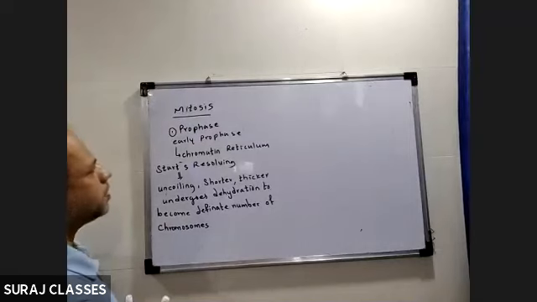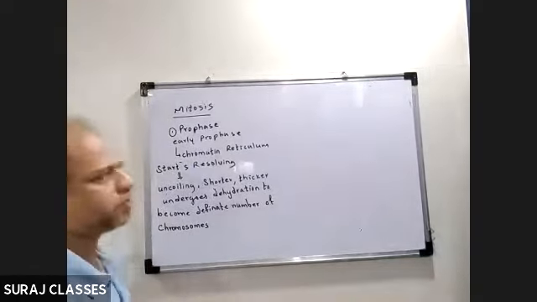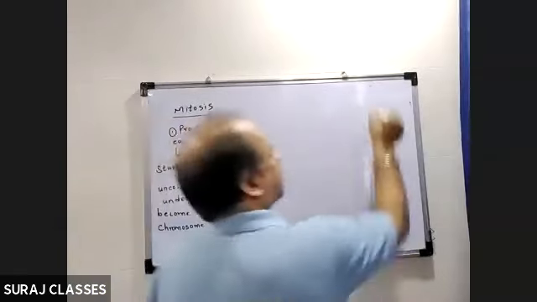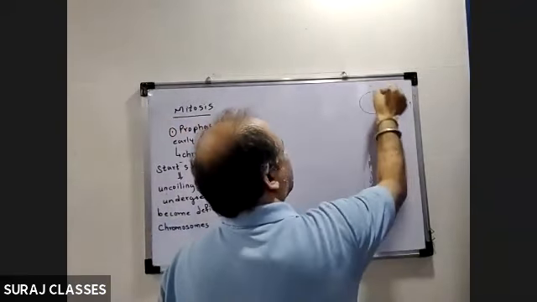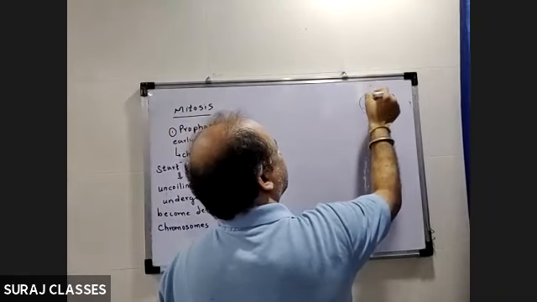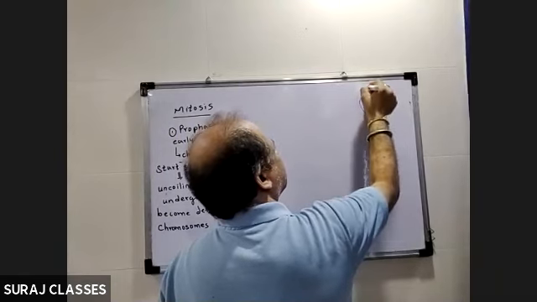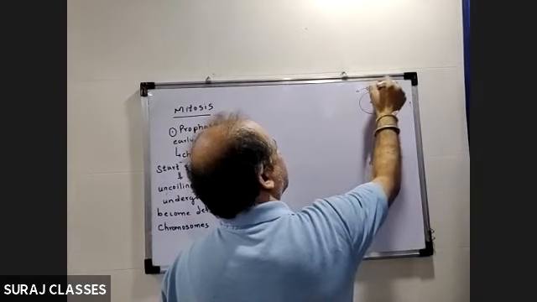Now, next write: the centrioles start moving away from each other. In the nucleus there are nucleolus and centrioles.